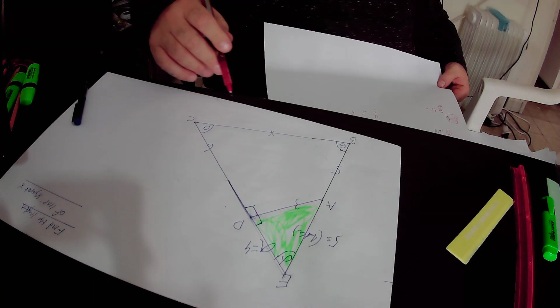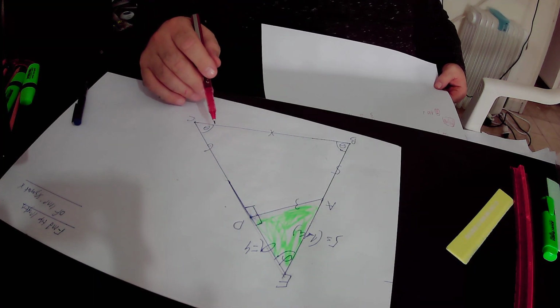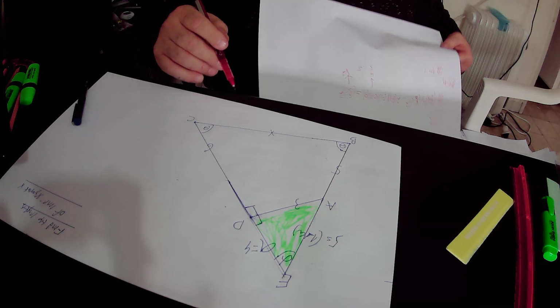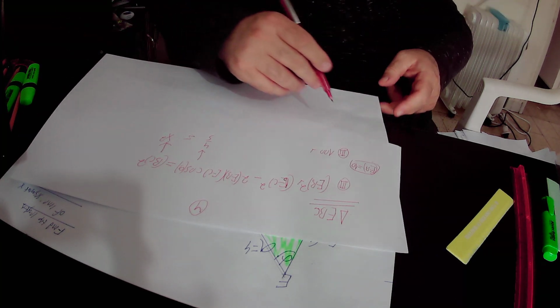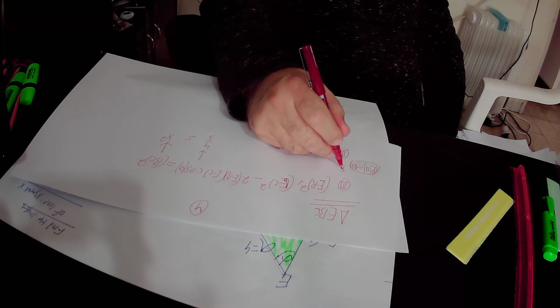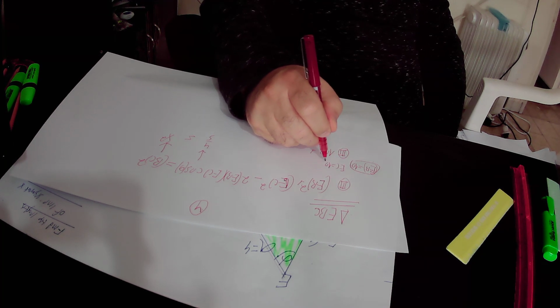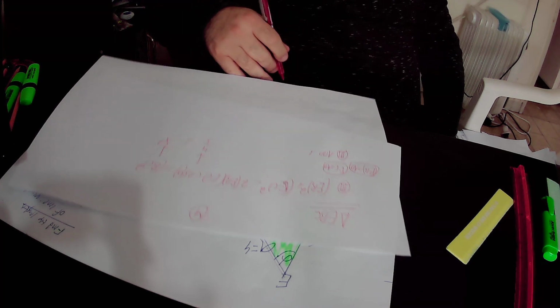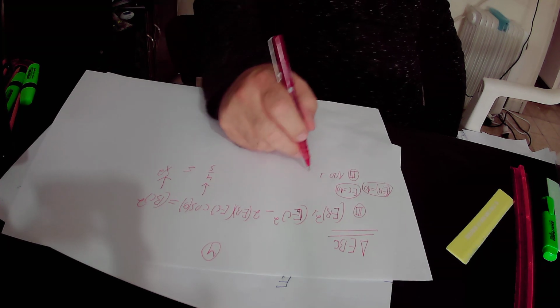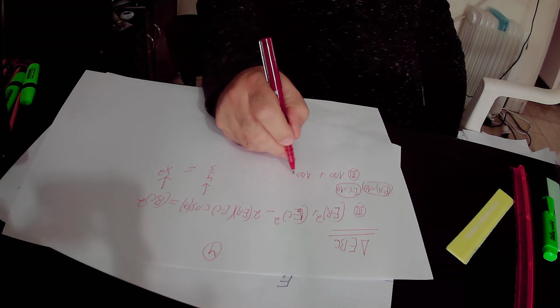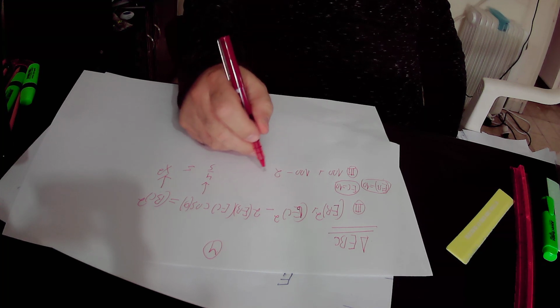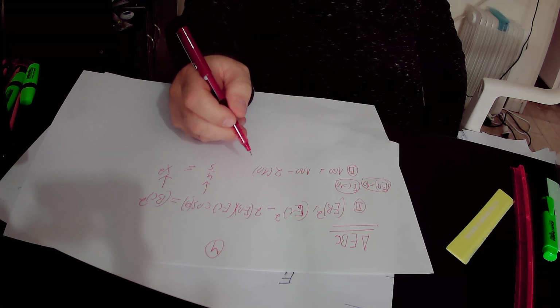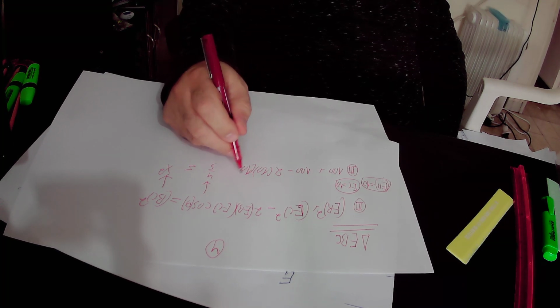EC equals 4 plus 6, and 4 plus 6 is also 10. So EB equals EC equals 10. So EC squared is 10 squared, that is also 100, minus 2 times EB is 10, and EC is also 10.